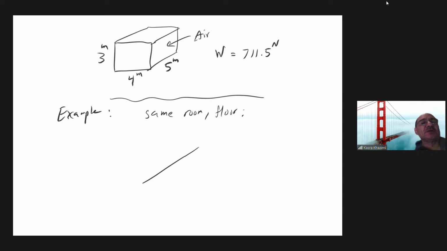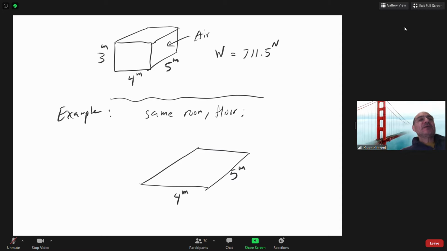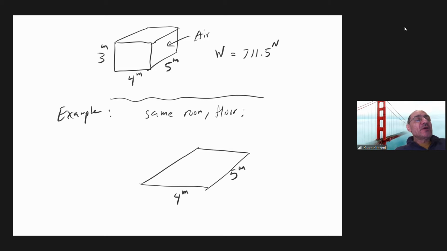The floor has this dimension. And there is going to be a force on the floor downwards due to the air pressure inside the room. I mean, the air pressure outside here, the atmospheric pressure outside, we already told you about it.